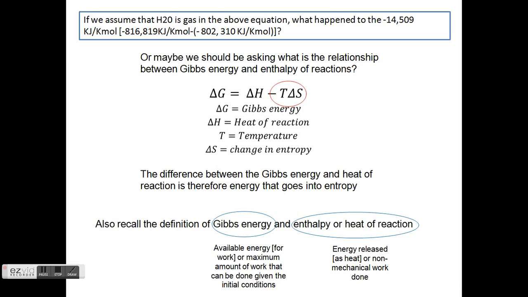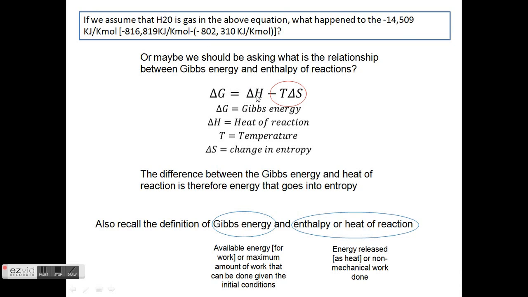We have the relationship here that shows the Gibbs free energy is equal to the enthalpy minus the temperature times the change in entropy. So from what we have now, our 816 is our Gibbs free energy, and 802 is the heat of reaction.